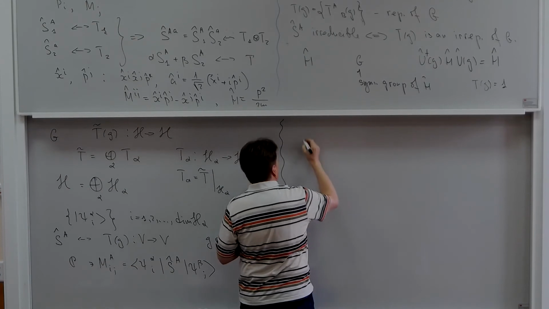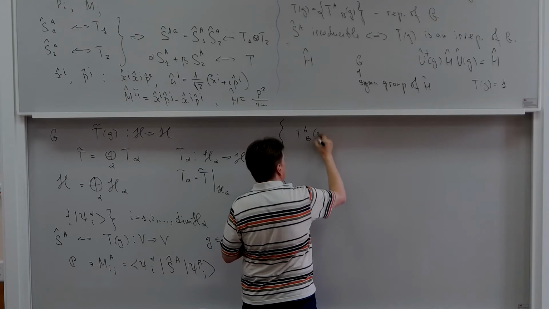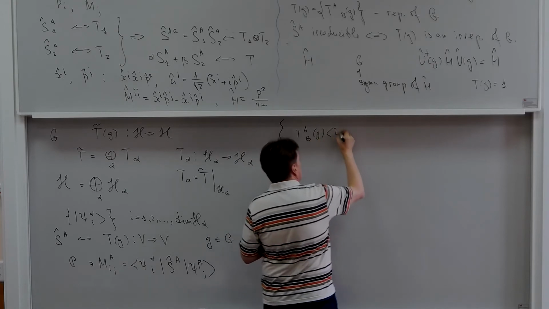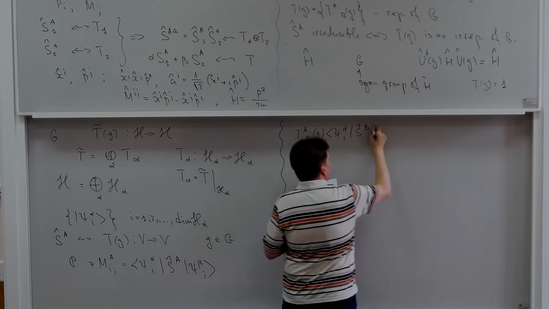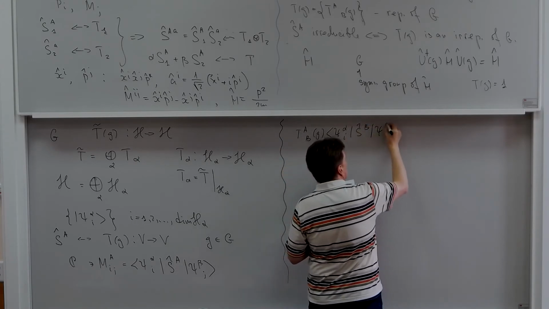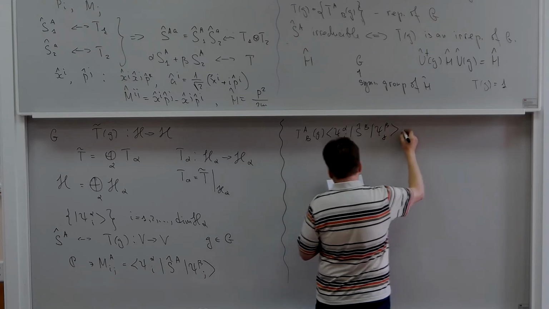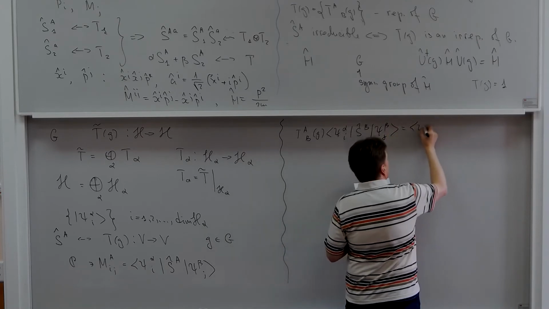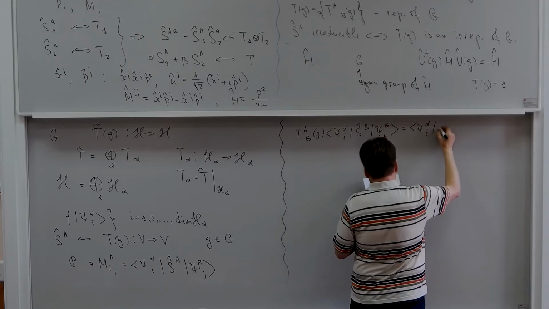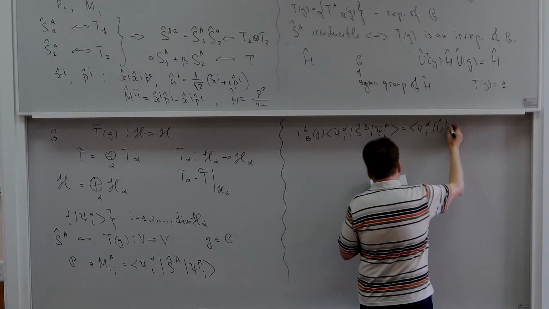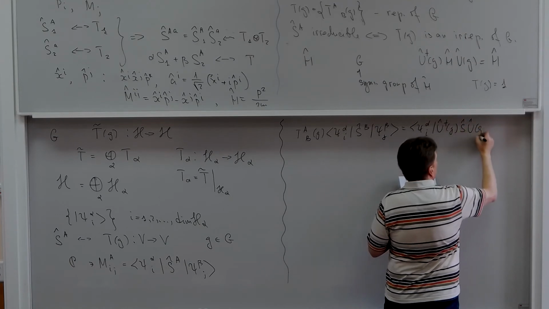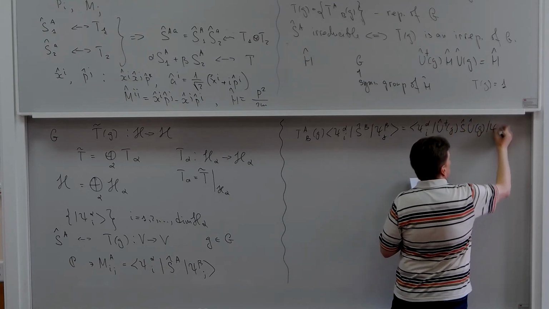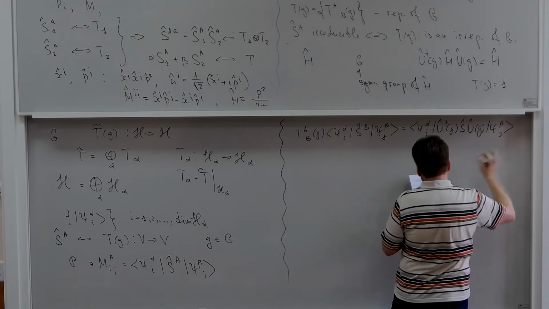I get the inner product of psi alpha i with U dagger S U acting on psi beta j.